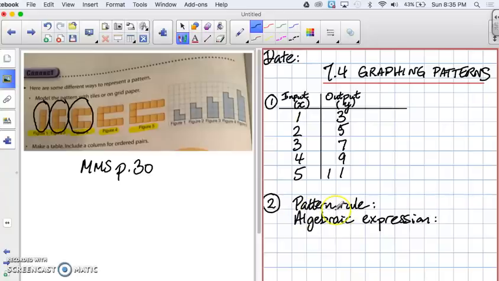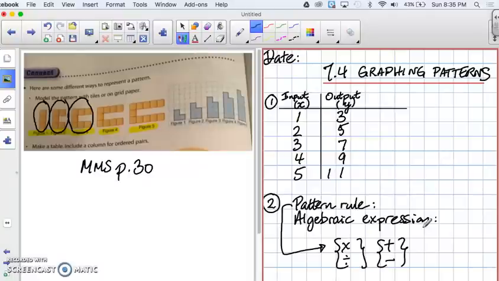Don't forget the golden rule of the pattern rule is that you always have multiplication and division before addition and subtraction. So go ahead and pause the recording and figure out what the pattern rule is, as well as the algebraic expression. Now, I'm going to continue if you do want a review on that.